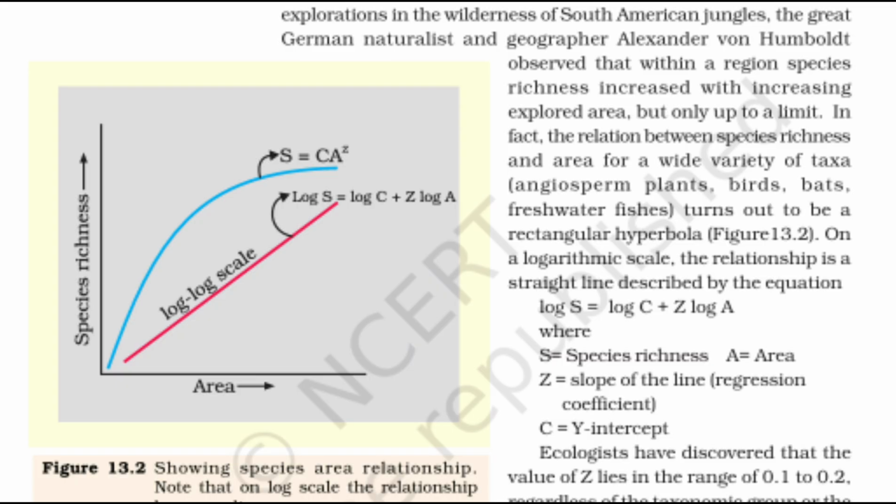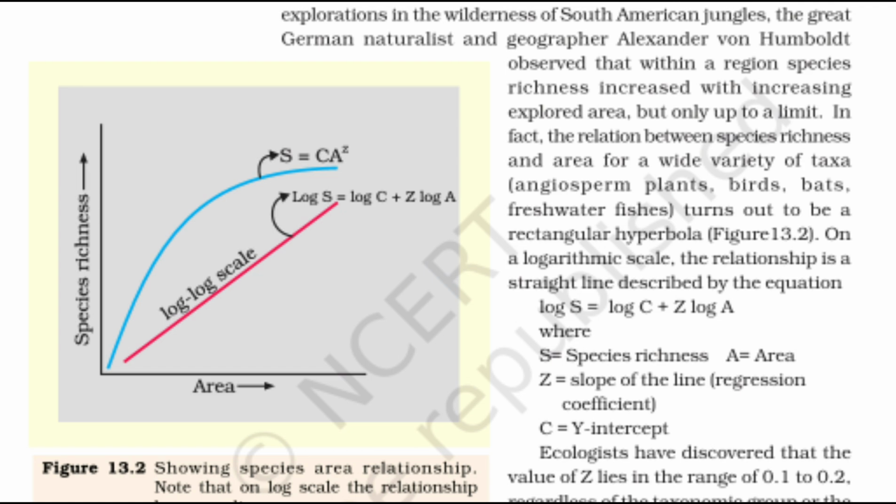On a log graph, the curve becomes a straight line. We can see in the graph that the x-axis has the area and the y-axis has the species richness. On a normal scale there is a curve, and on a log scale there is a straight line. So the value of Z is very important.